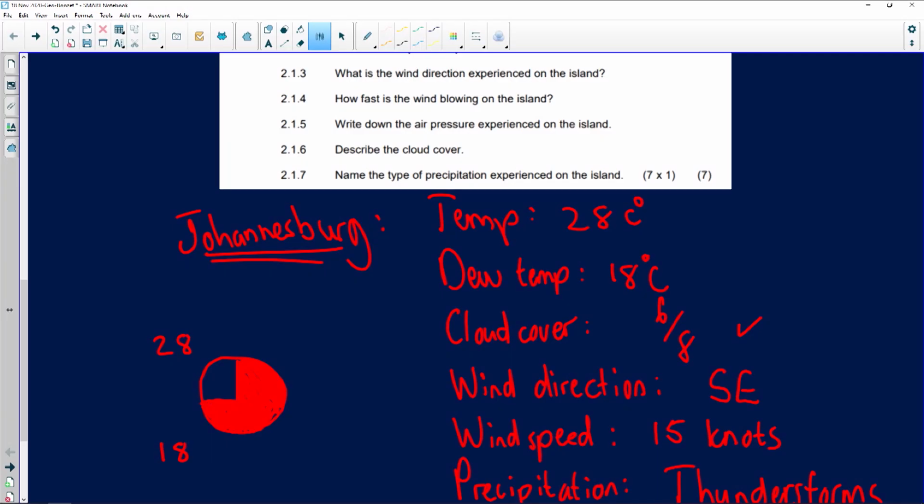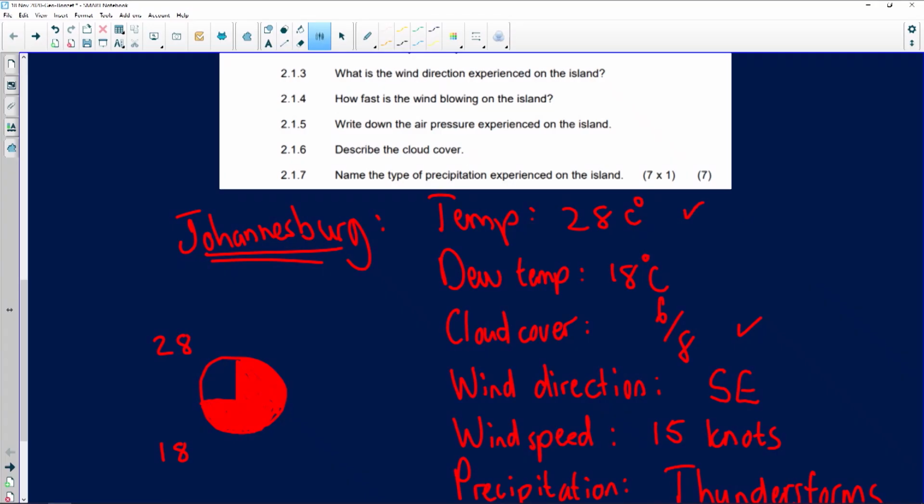So you can't write your temperature on the right-hand side, and you can't write your temperature on the bottom left-hand side. Every symbol has a specific area around this weather station model. Vitally important. As you can see, the temperature, top left-hand side; the dew point temperature, bottom left-hand side. Now what does the dew point temperature mean again? It's where condensation takes place.